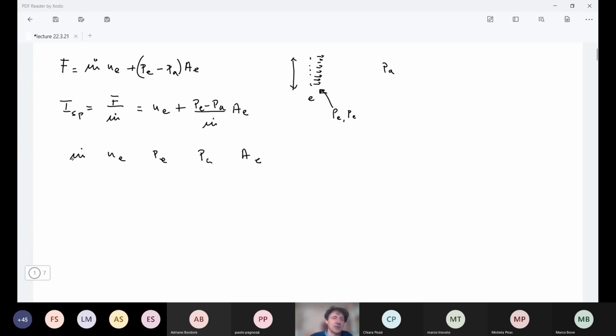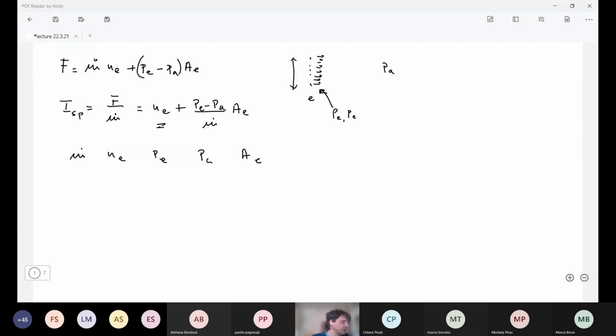We see from the expression of specific impulse that for sure one important role is played by the exit velocity. So we started our analysis by this quantity.